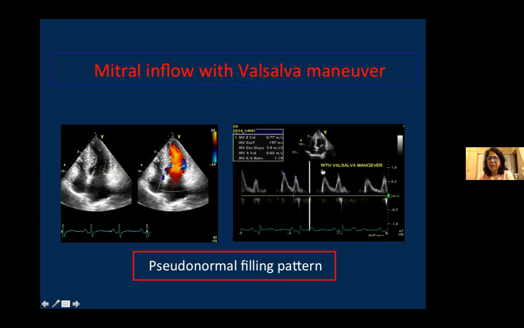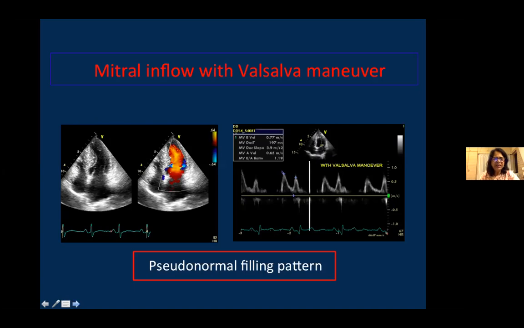So the impaired relaxation pattern is unmasked in this patient due to the reduction of preload by the Valsalva maneuver. So this has to be a pseudo-normal filling pattern. So this is one of the ways we differentiate between normal and pseudo-normal.